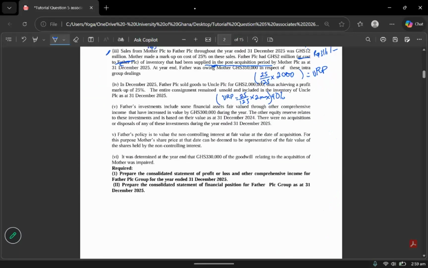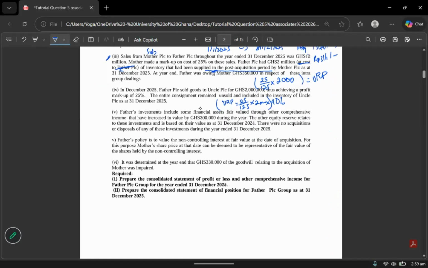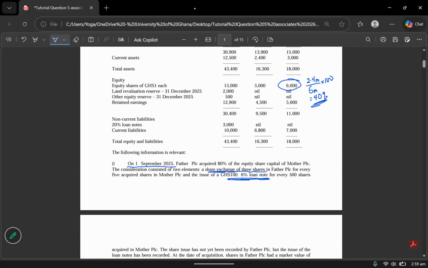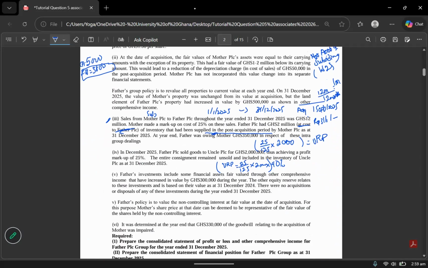They are saying that the investments include some financial assets fair valued through other comprehensive income that have increased in value by 300,000 during the year. The other equity reserve relates to these investments.